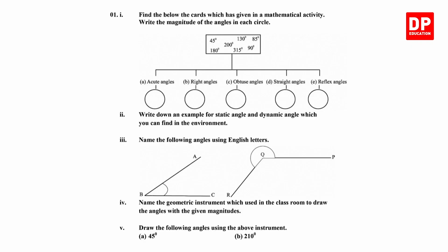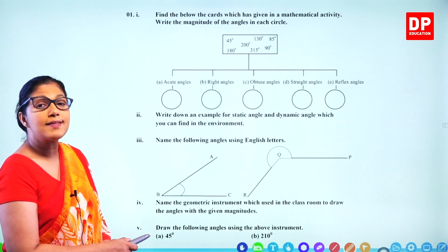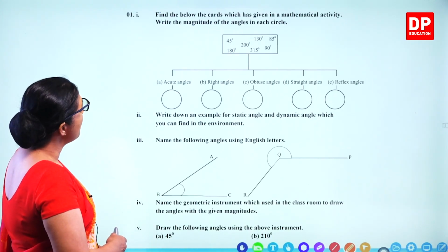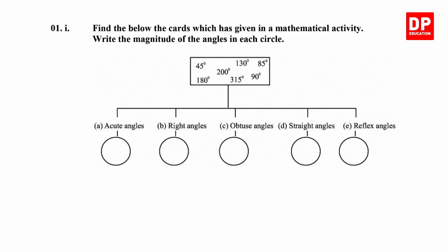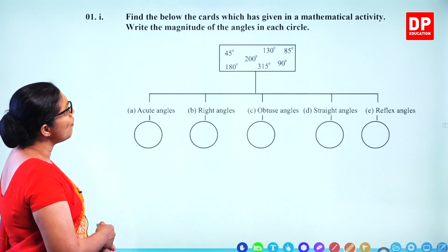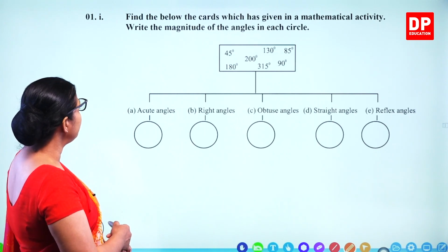Question number 1 in part 2. So you have to answer this question and you get 16 marks for that. This is about angles. Find the below cards which has given in a mathematical activity. Write the magnitude of the angles in each circle.